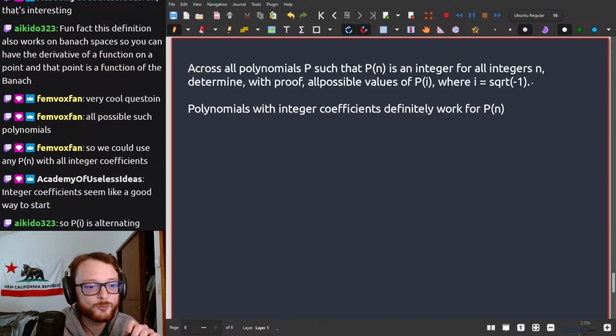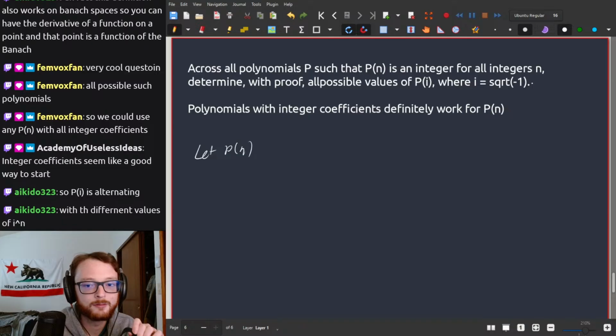Should we just name a cubic and see what, I mean.